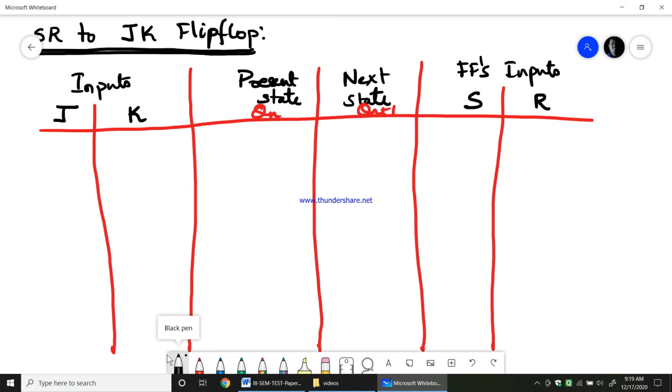Now, as it is a two variable excitation table that we get for both JK and SR, we normally go with 8 conditions. When Qn is 0, when Qn is 1, when JK is 0, 0, and Qn plus 1 is 0, Qn plus 1 is 1.